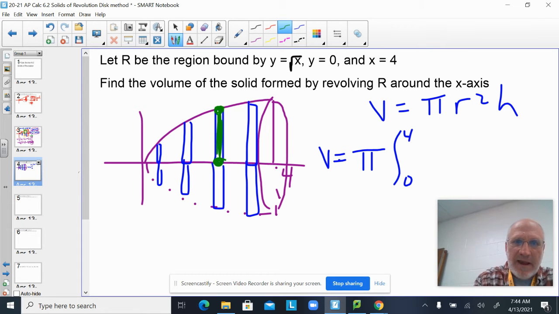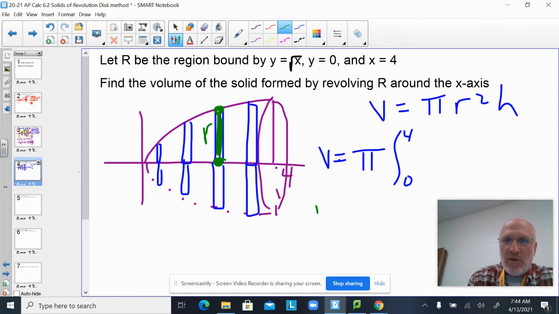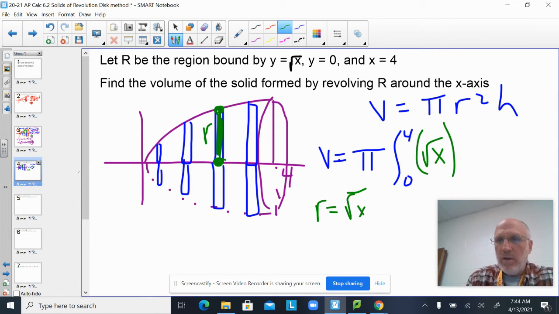That distance right there is r. Because the radius is going from the x-axis, which is 0, up to the curve, that's the y value of the function. Whatever the y value is of the function, that's the radius. So the radius here is just y, which is root x. So there's r squared, and then the height, the thickness of one disk, is still that change in x, that dx.